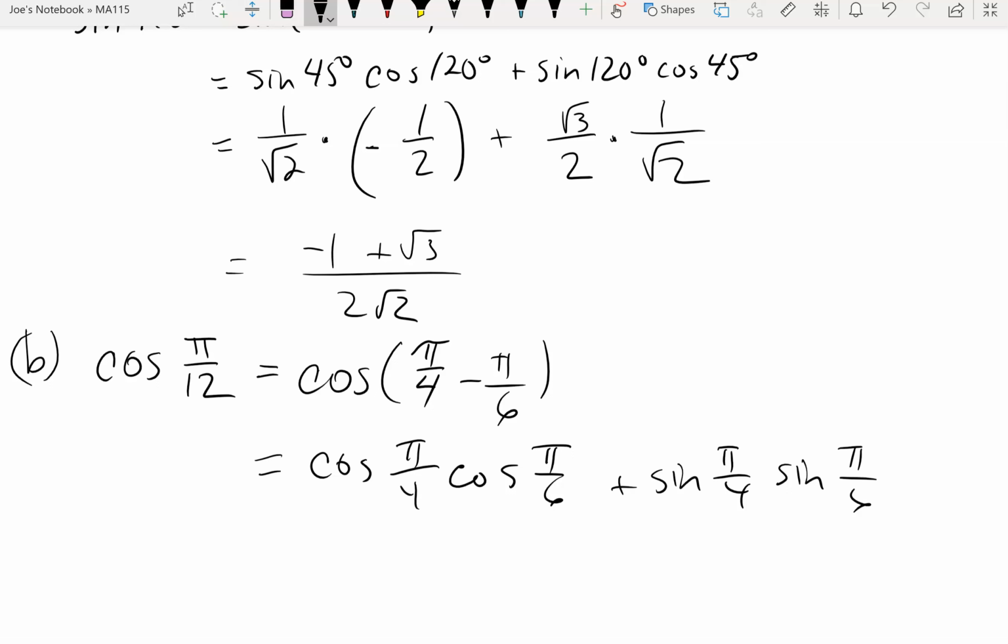And then cosine of pi over 4 is, okay, and cosine of pi over 6 is, that's root 3 over 2. And then sine of pi over 4, 1 over root 2, and then sine of pi over 6 is, that one's the 1/2.